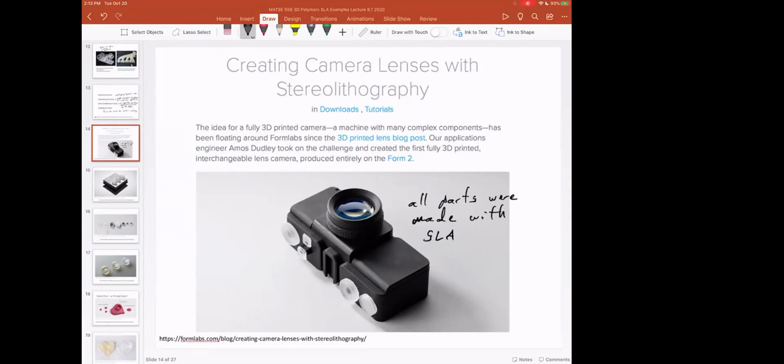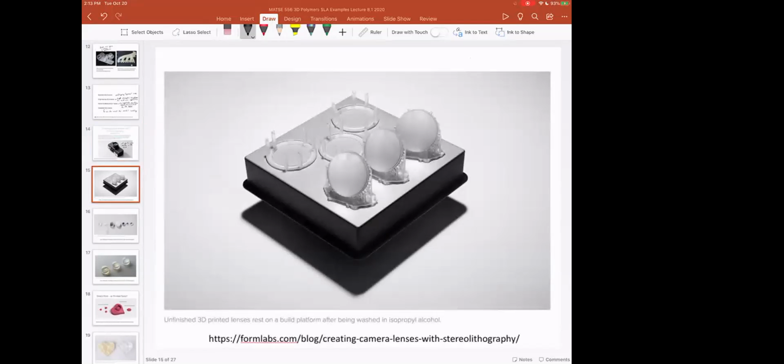So that's interesting. Everything from the lens to the dials to the body of the camera is all SLA, because of course this is Formlabs, and that's what they do. And so the key for clear materials is that they don't just come out of the printer clear. There's a lot of finishing that needs to be done.